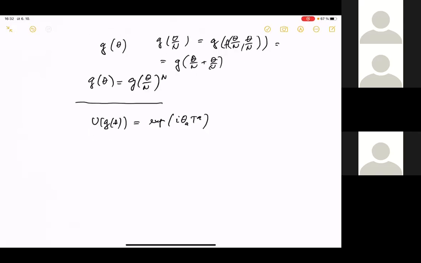Also, in the case of non-abelian groups, if f_AB^C is non-zero, it can be shown that if we cleverly define the parameters of the group, a clever choice of these parameters theta allows us to write the same equation. That means U(g(theta)) is the exponential of i theta^A T_A. But this is a matter of choice, whether this is possible in such a way.